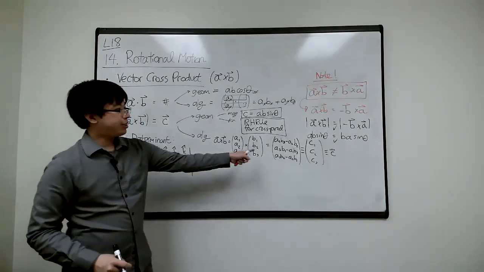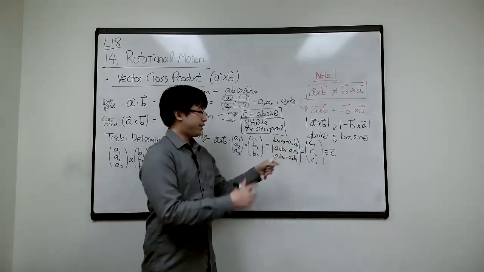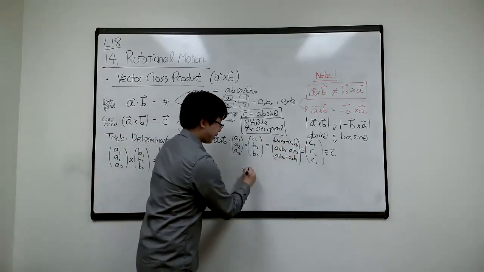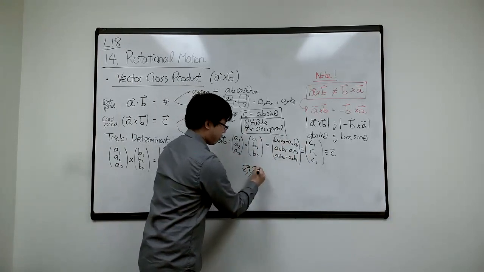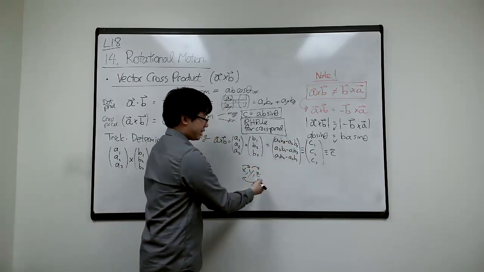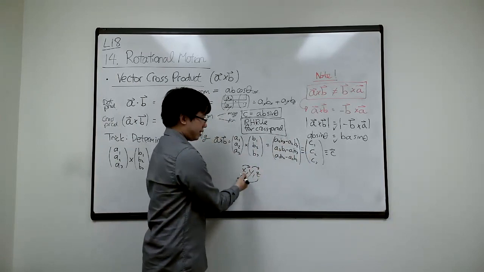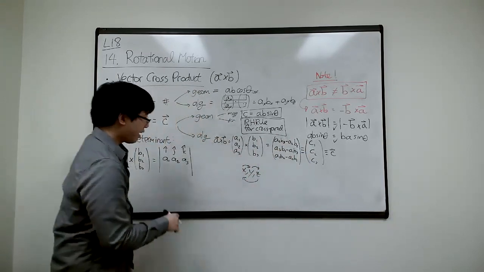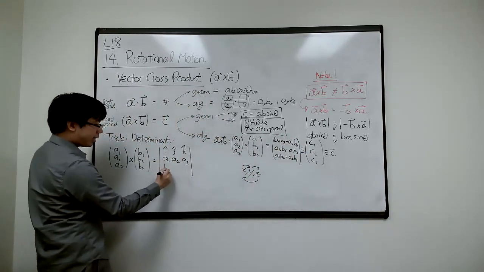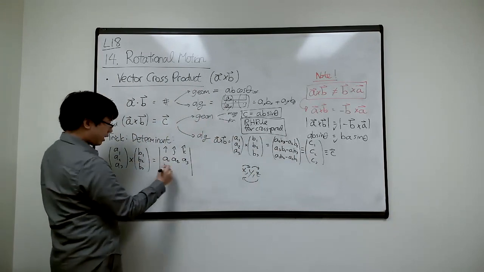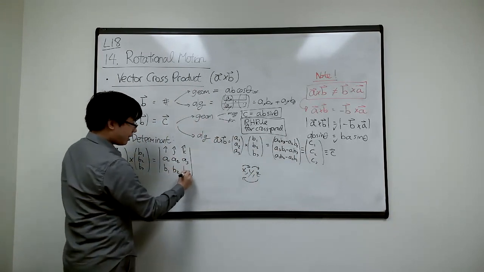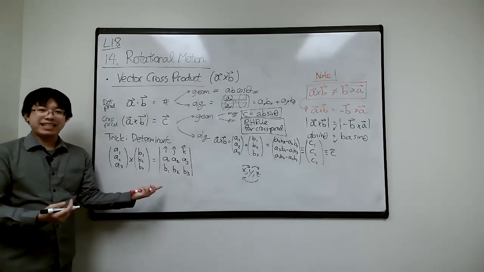By the way, that's why I'm using 1, 2, 3 instead of x, y, z. The cyclic property works better, but if you like, this also works: x, y gives you z, y, z gives you x, z, x gives you y. Anyway, back to here. Take that, put it horizontally, take this, put it horizontally.